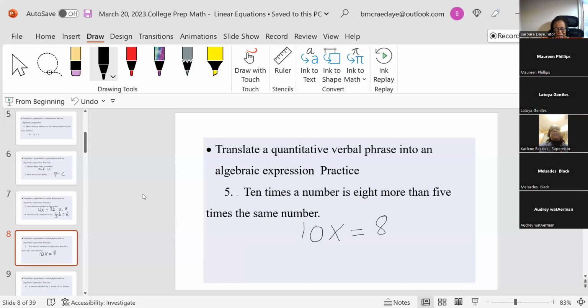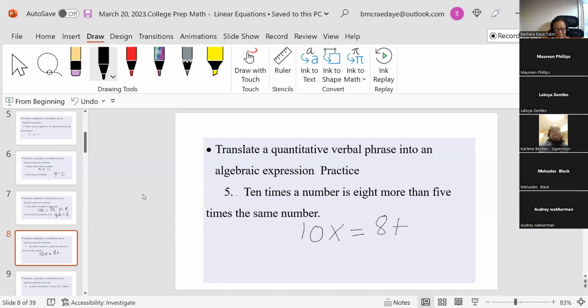What's the more than? Add. Plus 5. 5 times the same number. So what goes after the plus? N.